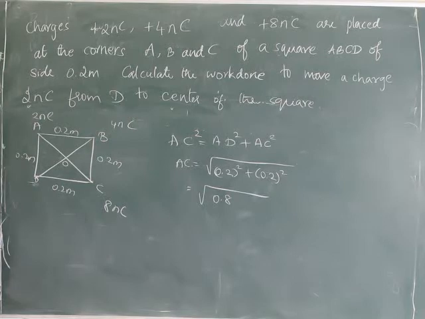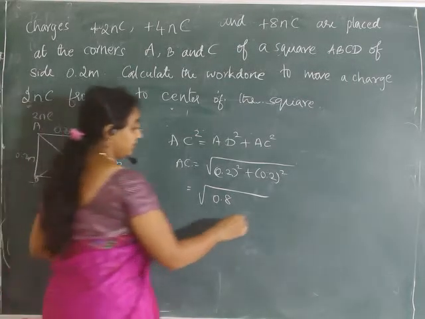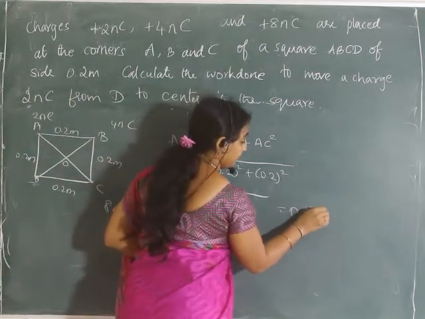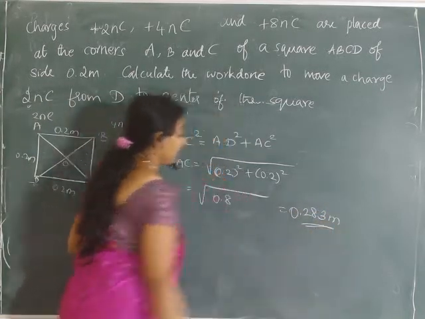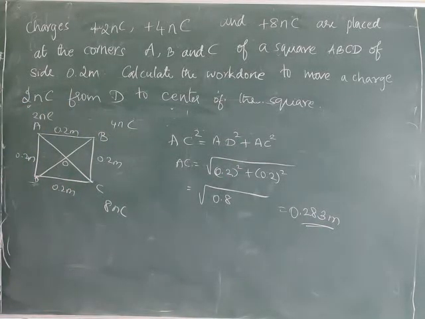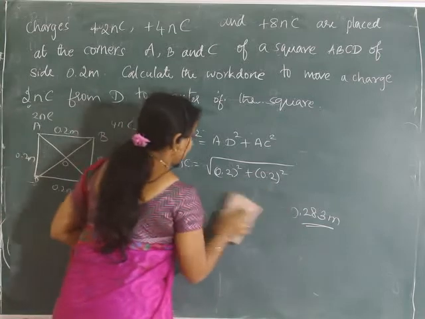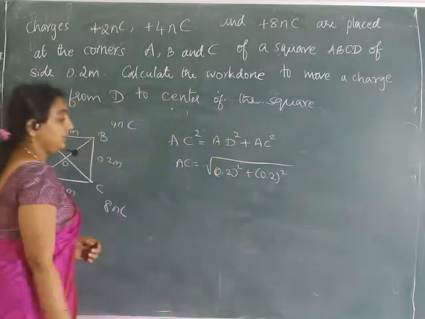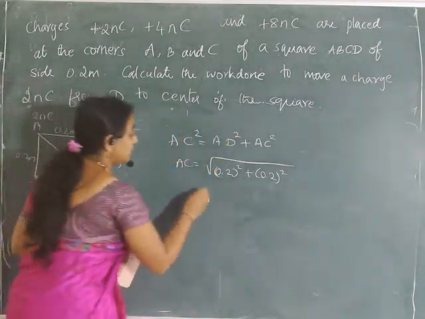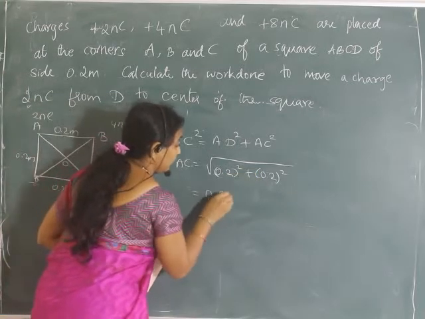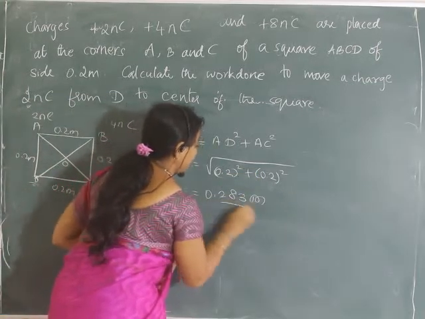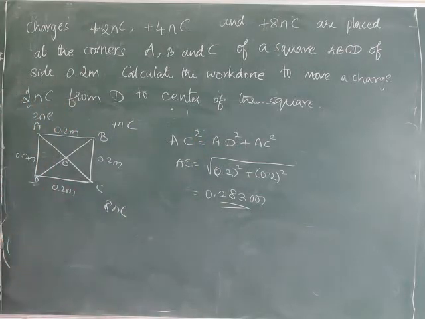That is how much? We get it as 0.283. Are you getting the same? Square root of 0.8 is not 0.8. Sorry, 0.2 into 0.2 is 0.04. So you add it. So we'll get 0.283 meter. Take a calculator and solve.